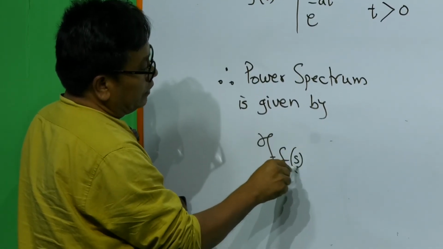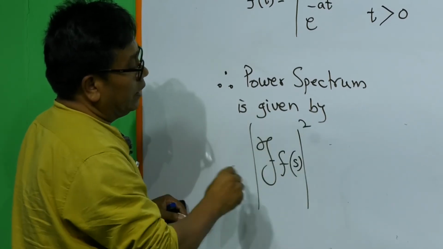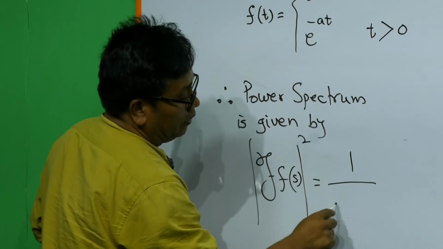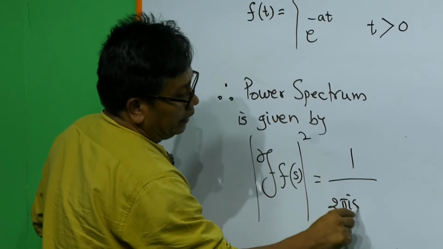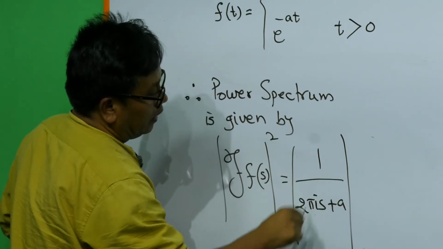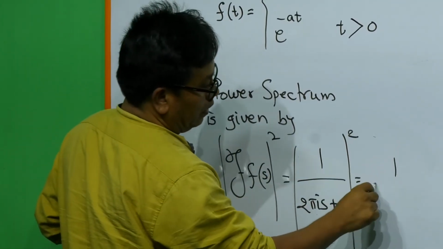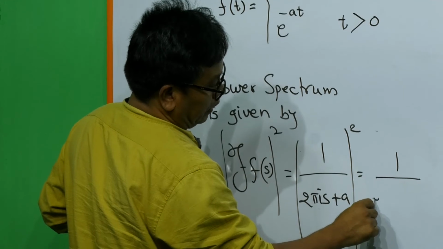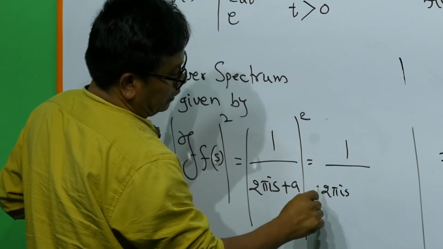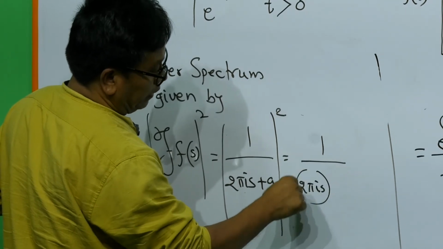So f of s whole square gives the value of power, and this power will ultimately be equal to 2 pi I s plus a, this square, and then 1 upon 2 pi I s whole square.